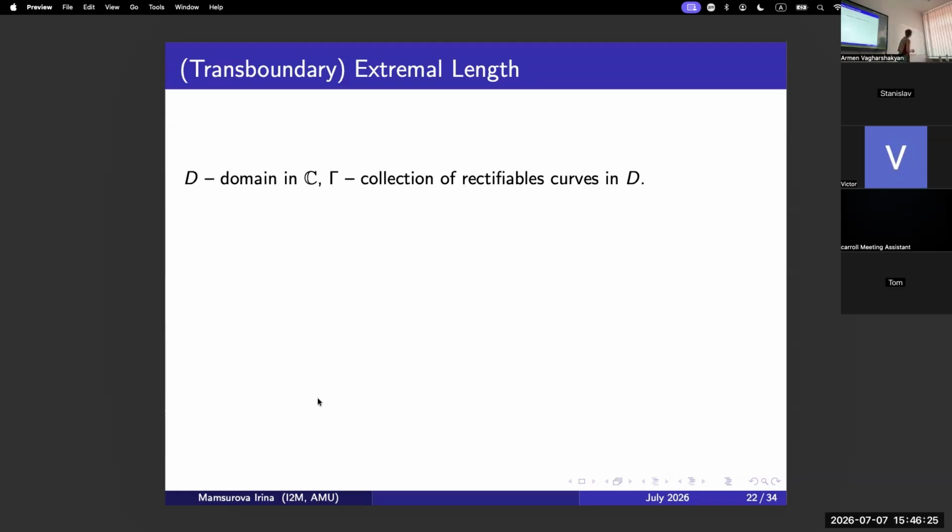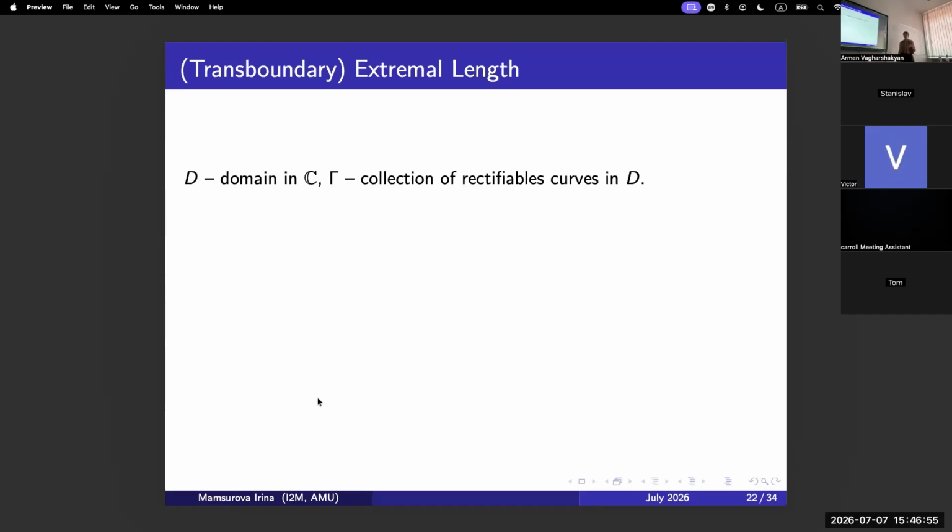So we have a curve or a family of curves in some domain, and we want to understand what happens to these curves when we conformally map the domain somewhere. The problem is that the length of a curve is not invariant under conformal maps.